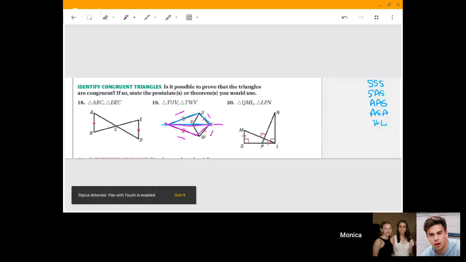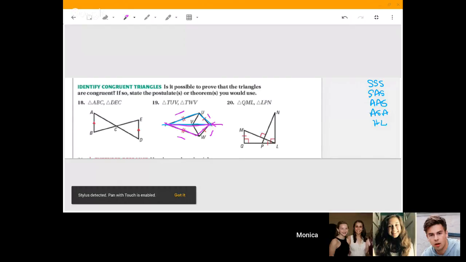And then this middle side here we know is congruent because of the reflexive property. So we have proven that all three sides of those two big triangles are congruent, right? Now, if we know that all three sides of the big triangles are congruent, we also know that all three angles of the big triangle are congruent, or corresponding angles between the big triangles are congruent with each other, is the way I should say that.